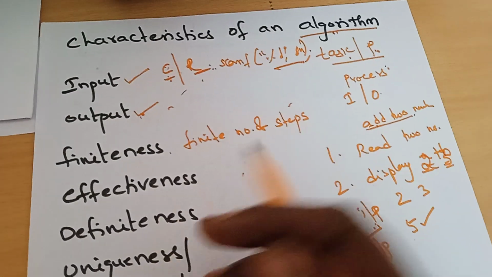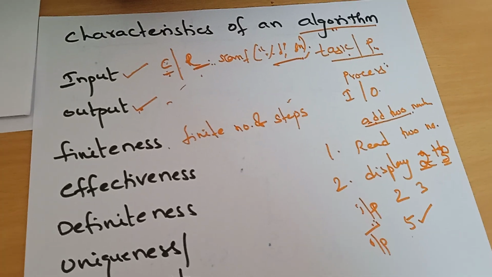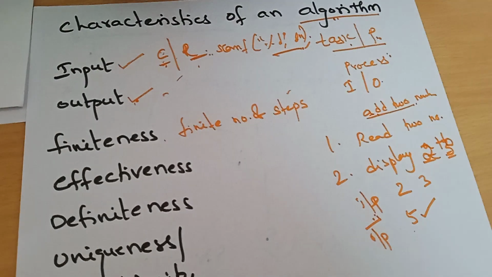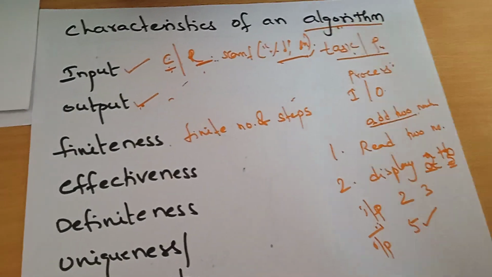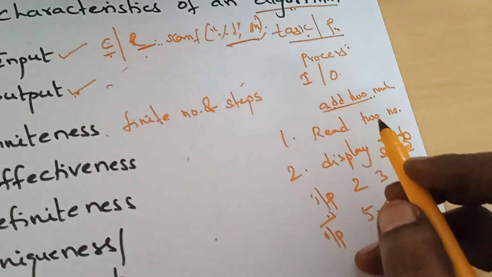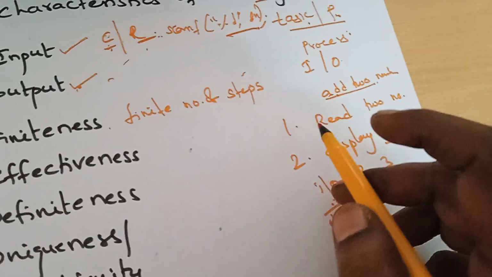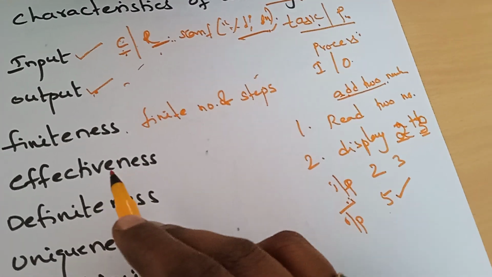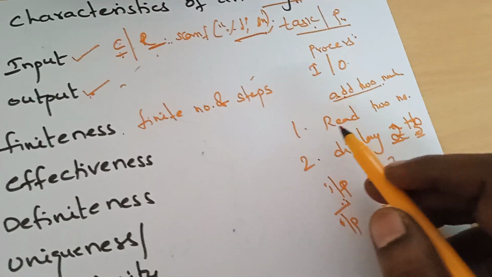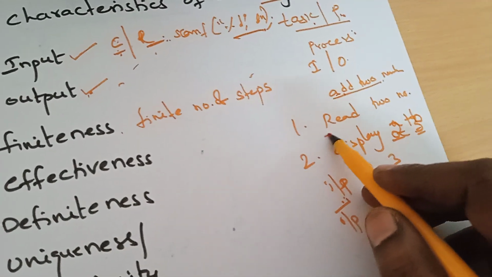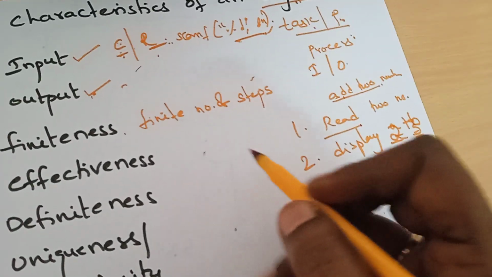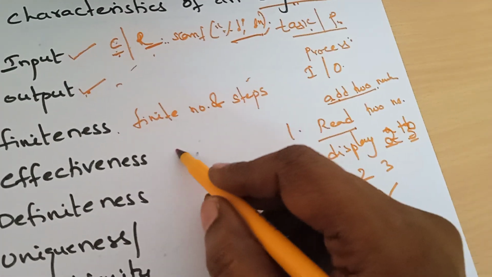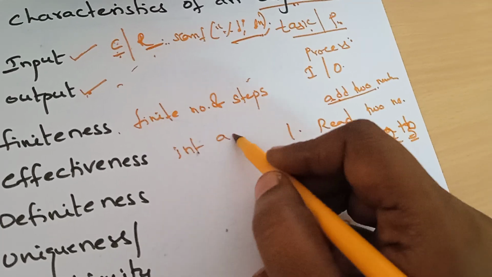Now, effectiveness. What is effectiveness? Each step of the algorithm should be able to produce a line of code in the program. So it is effective writing of source code. When I look at the first step in my algorithm, I can put this line into my program: int a, b.